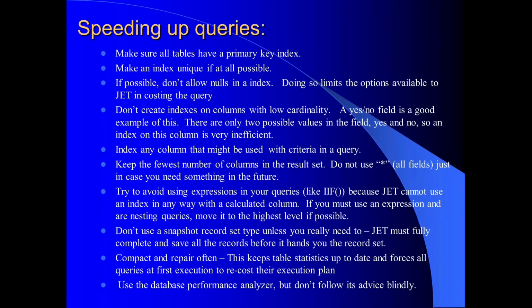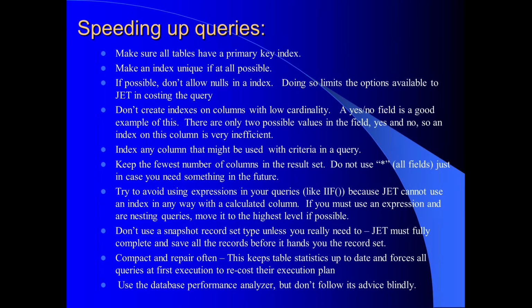All right. So part of what goes into that is all these options on the indexes. And the more explicit you can be, the more you give JET to work with. One of the things you don't want to do, though, is create indexes on columns with low cardinality.